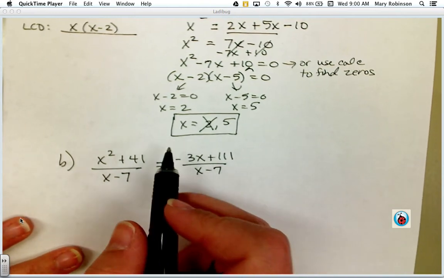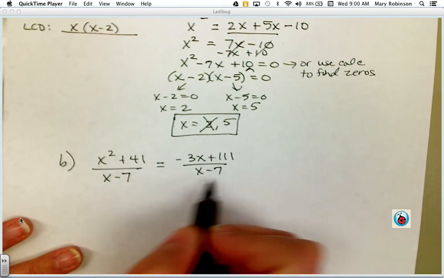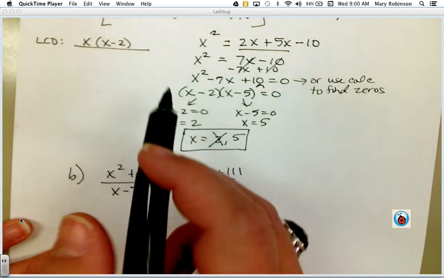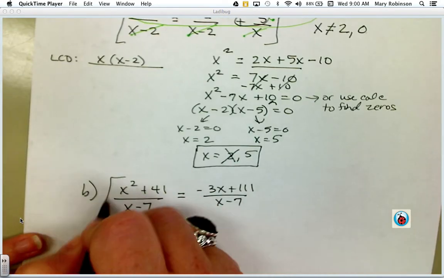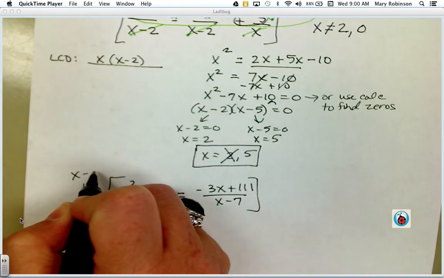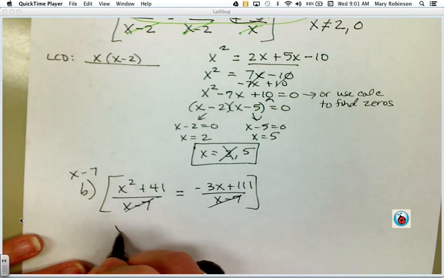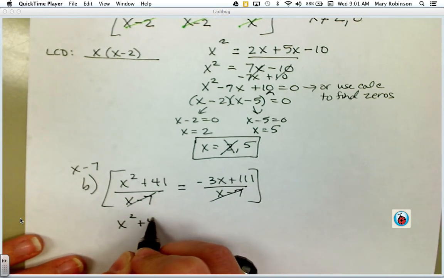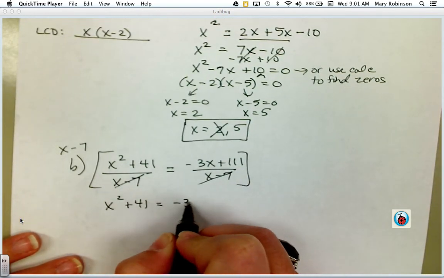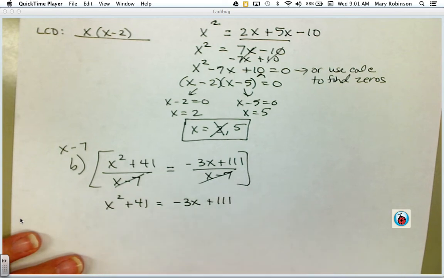So that means to solve this, I essentially can ignore x minus 7. If I thought about it like I did up here, if I was to multiply both the fractions by x minus 7, they would both cancel. So really all I'm dealing with is x squared plus 41 equals negative 3x plus 111.